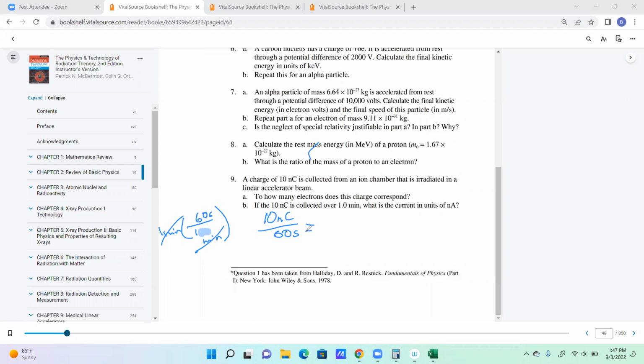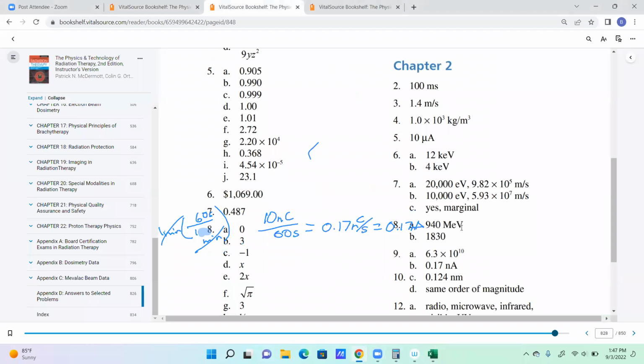So basically you end up with 0.17 coulombs per second, or 0.17 in this case nanocoulombs per second, and this would be nanoamps. And if I go here, you can see that's exactly what we've got there.